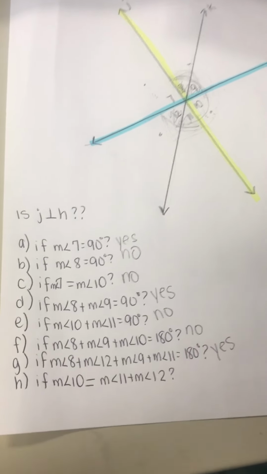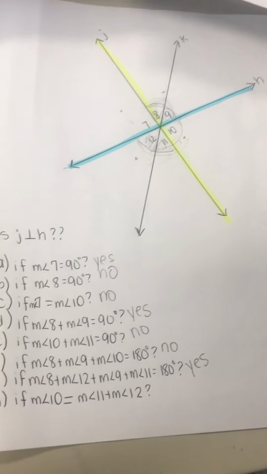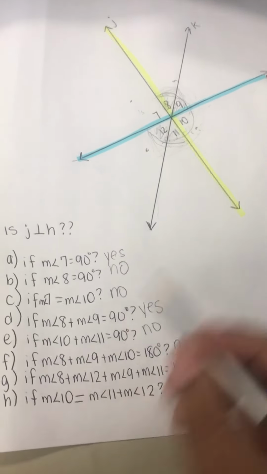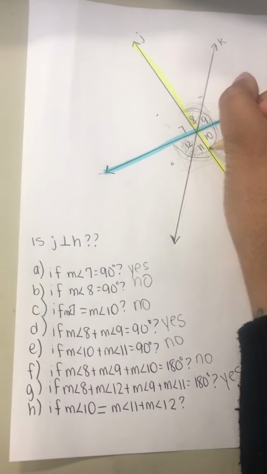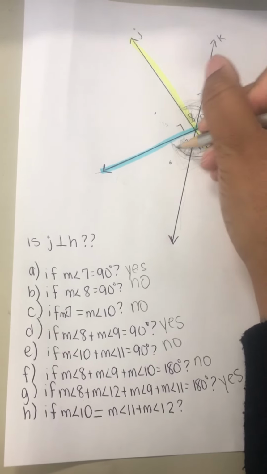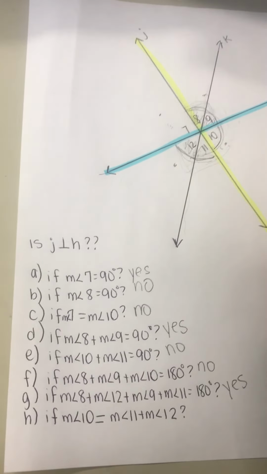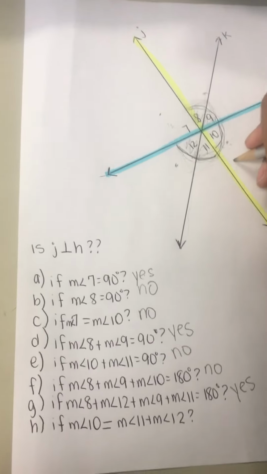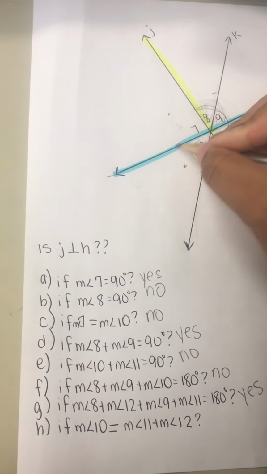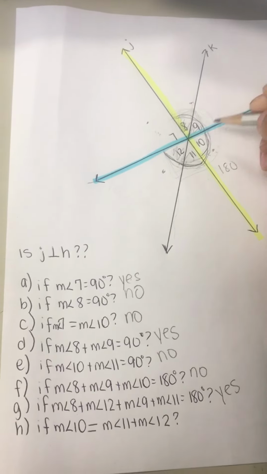For perpendicular. And then the last question, which is the last question of this video. If the measure of angle 10 was equal to the measure of 11 plus 12, would that be enough for perpendicular? Well, all of these equal 180 because they're supplementary angles.